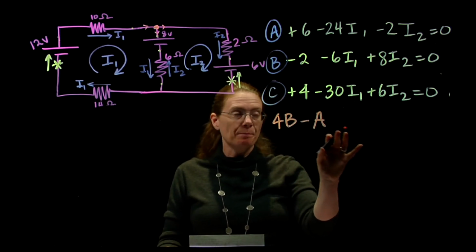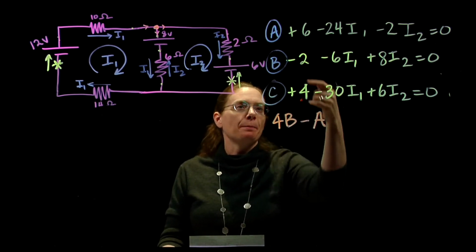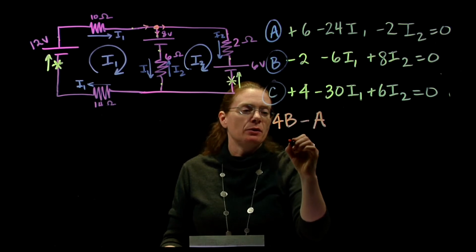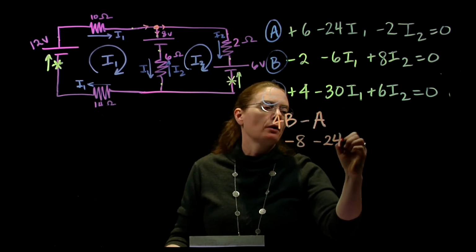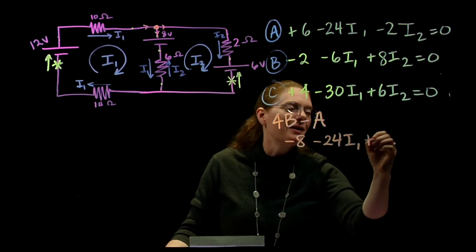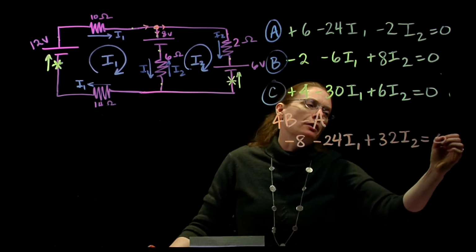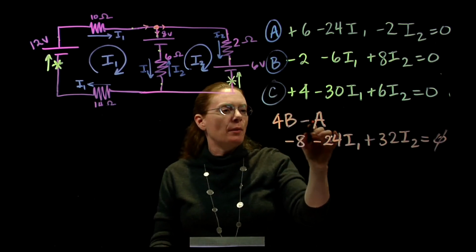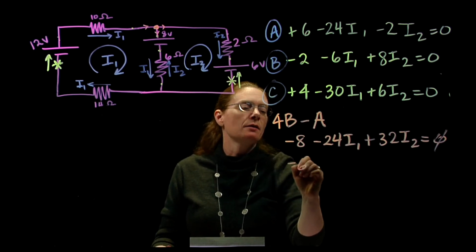I'm going to rewrite the two equations as 4b and as a. 4 times b. Okay, 4 times minus 2, minus 8. 4 times negative 6, minus 24. 4 times 8, plus 32. And 4 times 0, still 0. And minus a. So what's minus a? Well, I had a plus 6, that becomes a minus 6.